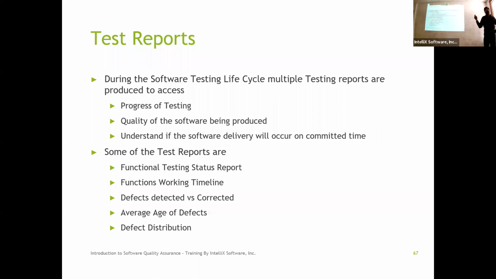Versus, hey, I tested 200 and only one test case had a problem. That's an indication of one of two things. Either I wrote very poor test cases that failed to identify the bugs, or, second, the software is very good and almost ready for prime time, right? That gives me the quality of the software, and whether I can deliver things on a committed time or not.